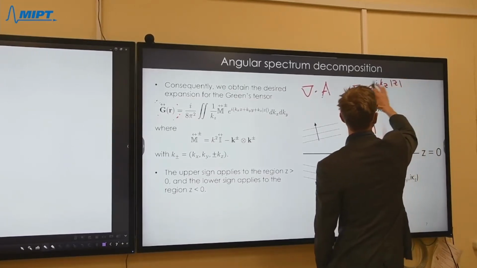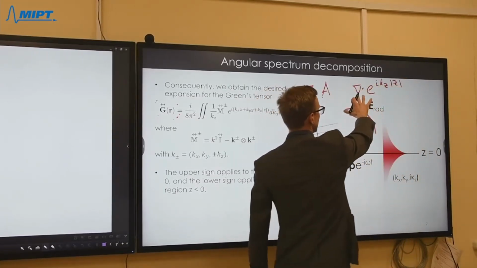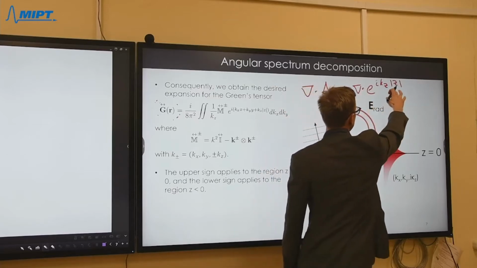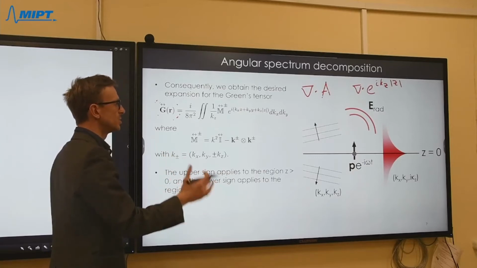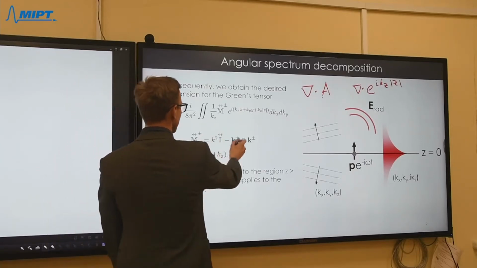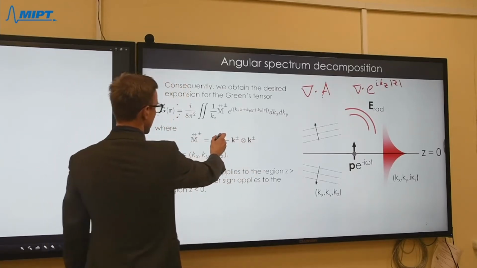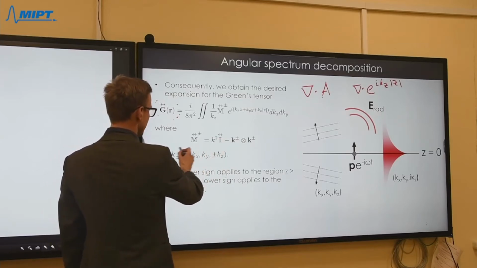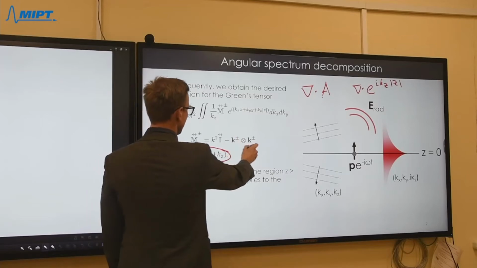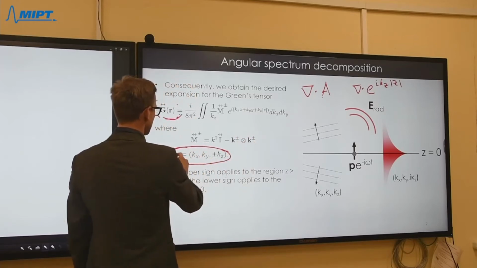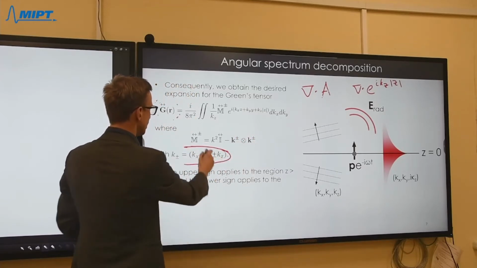Because this involves differentiating over Z in particular, and because we have the absolute value of Z, we can obtain two different signs in two different half spaces. This is why we have plus and minus sign here, and the plus and minus sign enters the definition of K plus minus. See, we have K plus, K minus, and they are determined according to this.